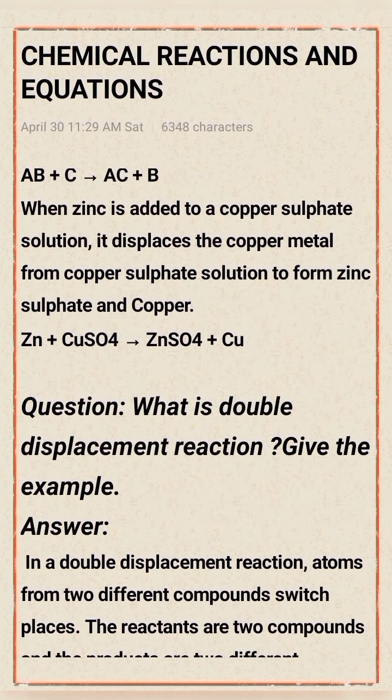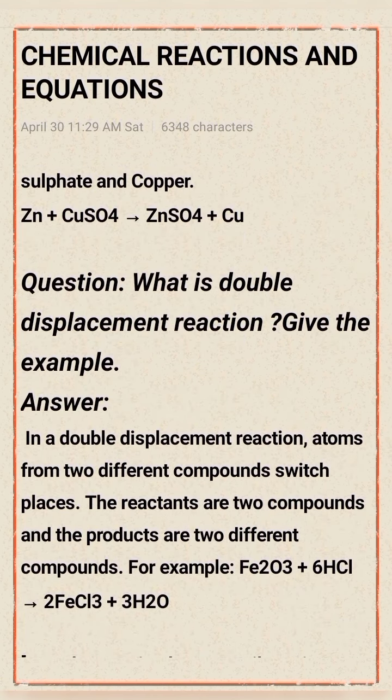Next question, what is a double displacement reaction? Give an example. In a double displacement reaction, atoms from two different compounds switch places. The reactants are two compounds and the products are two different compounds.